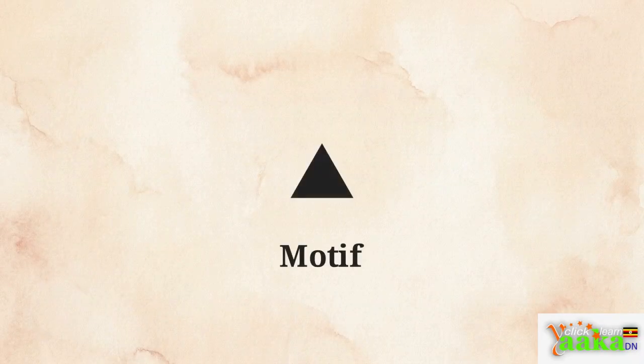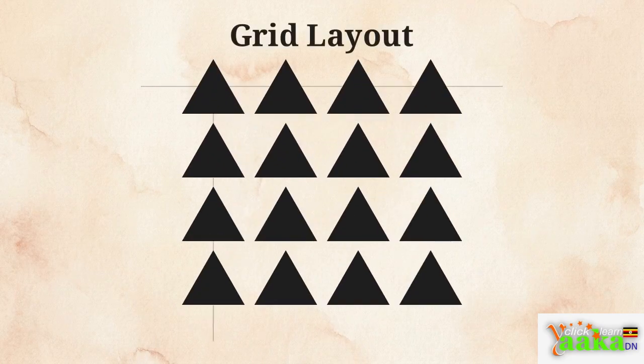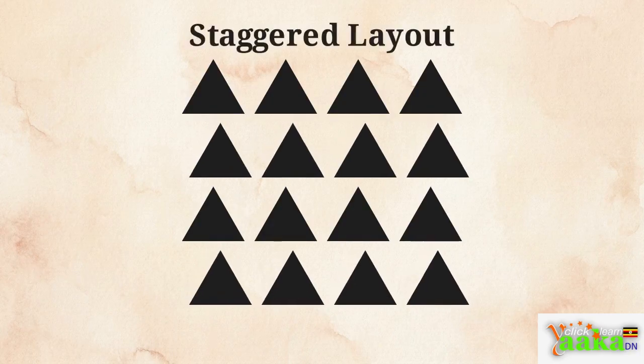To turn a motif into a pattern, you apply an arrangement, a layout rule governing how that shape multiplies across the plane. The first is grid layout. Here, motifs align strictly along fixed vertical and horizontal axes, creating a highly stable, formal repetition. The second is staggered layout.